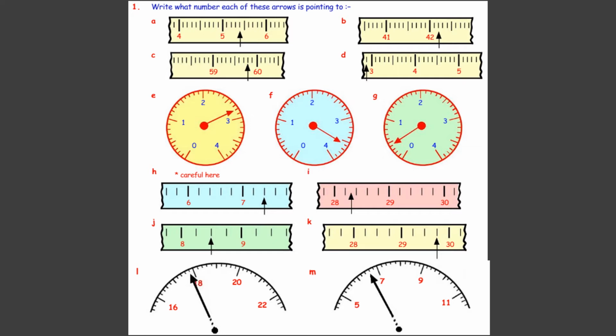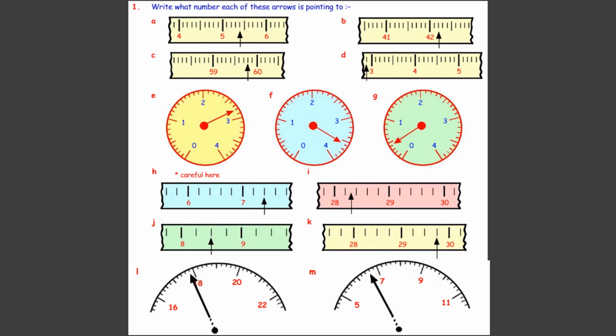When you put something on top of it, the arrow moves round clockwise. And when you take it off, it goes back to 0 anti-clockwise. And then L and M are more like the kind of dials you would get in a car. So these kind of scales are everywhere. And people read them all the time. They're very useful. I can't overstate how important they are.